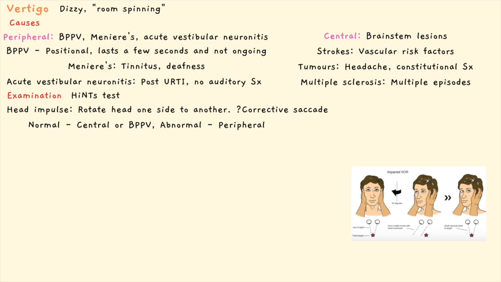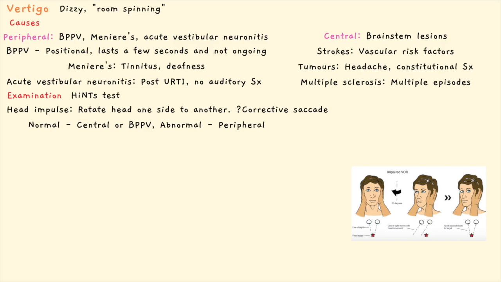The main examination to diagnose vertigo is using a HINTS exam. So the first part of the HINTS exam is the head impulse test, as shown in this diagram. You rotate the head from one side to another, not all the way, about 30 degrees, and then you're looking for corrective saccade. So normally if you have your head straight, you move it 30 degrees.